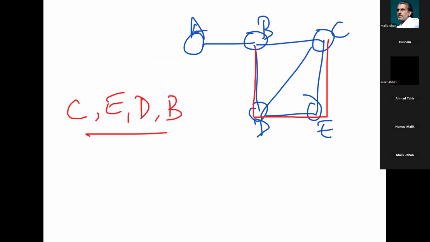Are we all okay that this is a path from C to B? This is one of the paths. There could be many paths. There's a direct path as well. There's a path using one vertex as an intermediate vertex. We opted for the path which has two intermediate vertices. Now, in this particular path, which is written in red color, how many edges did we consume?